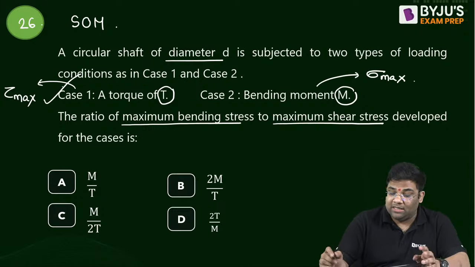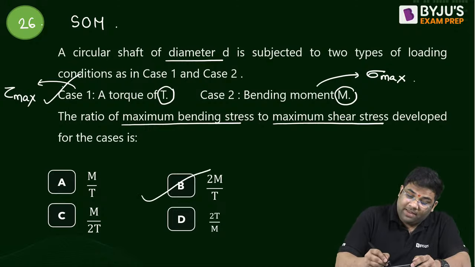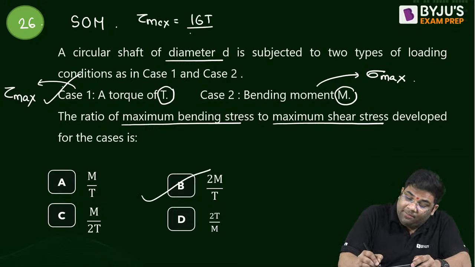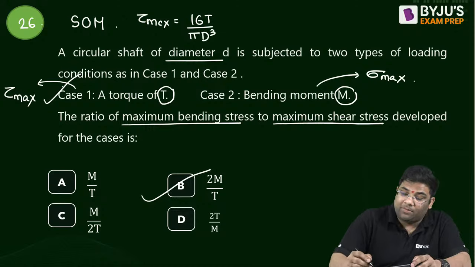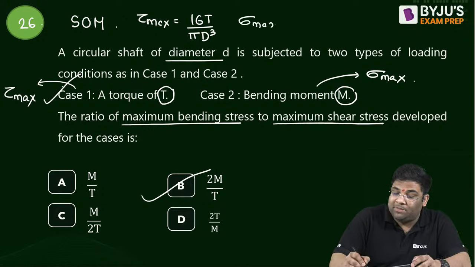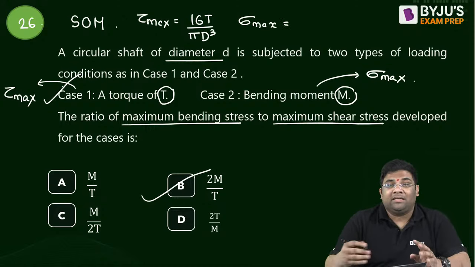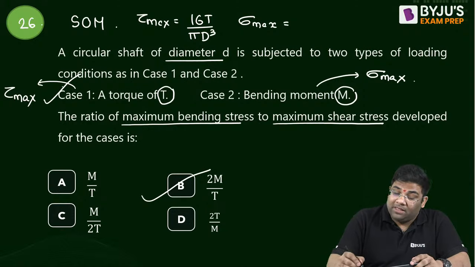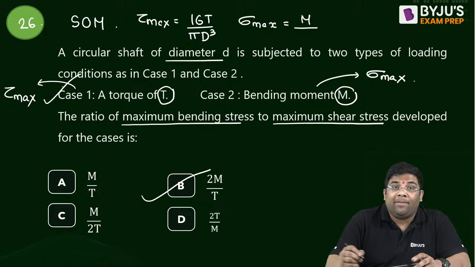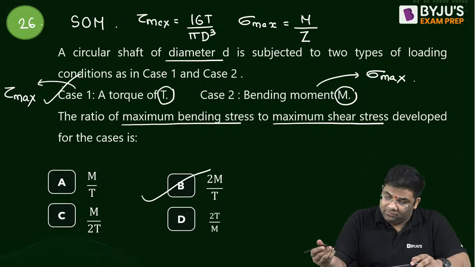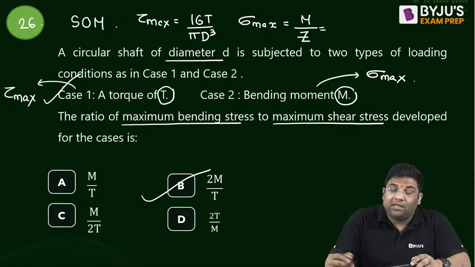Yes, the answer is B. How? The maximum shear stress is 16T by pi d cube. Remember this formula; it is explained in many classes, so I'm not discussing the details. The maximum bending stress is M by Z, and for a circular section Z is pi by 32 d cube.